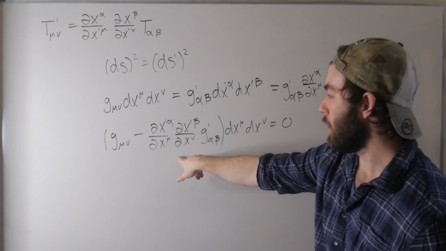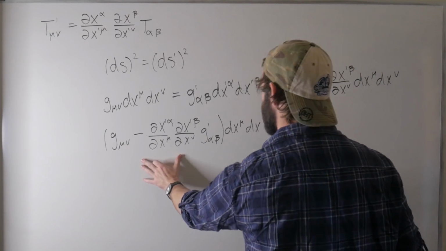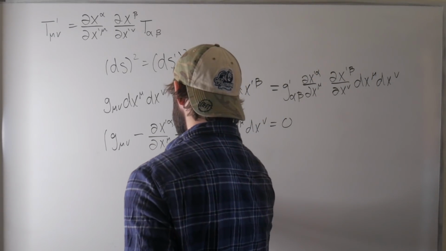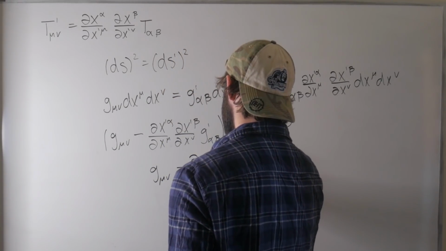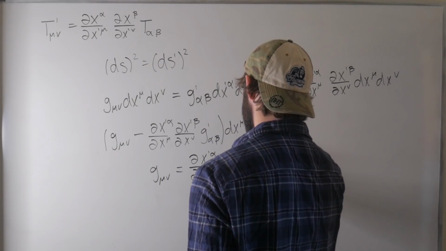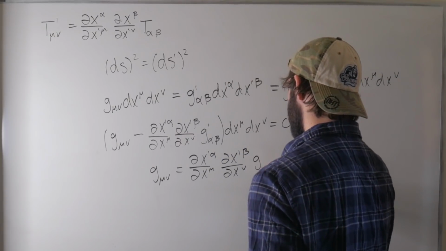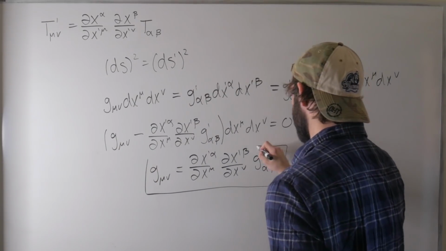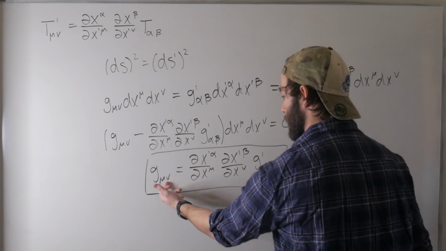And this should hold for any displacements dx mu dx nu. So really, this is 0 if the argument on the inside is 0. In other words, g mu nu is equal to dx prime alpha dx nu dx prime beta dx nu g prime alpha beta, which is exactly the transformation rule for a second-rank tensor from a primed frame to an unprimed frame.